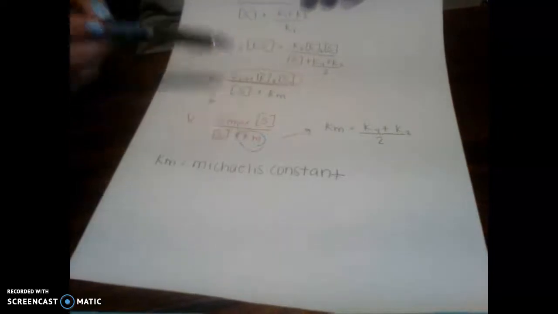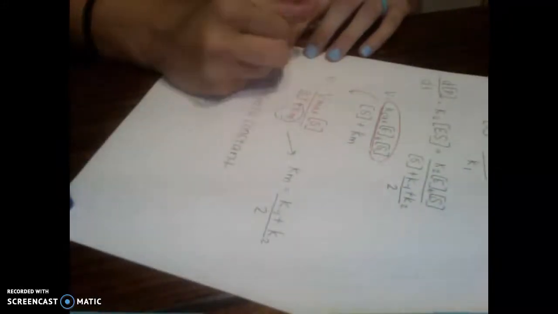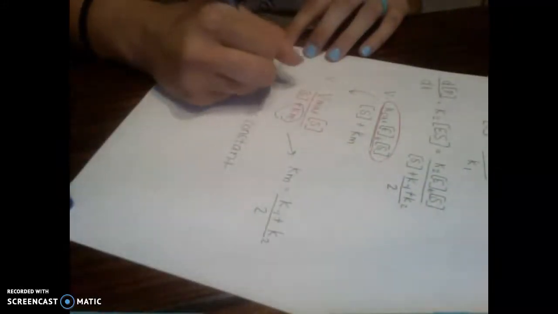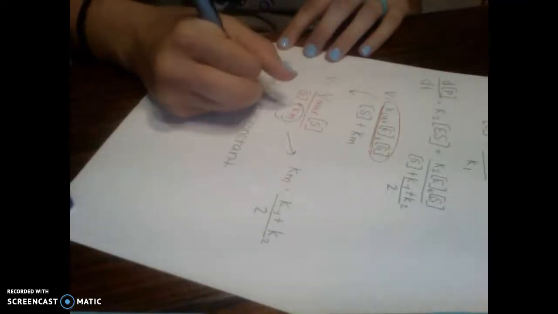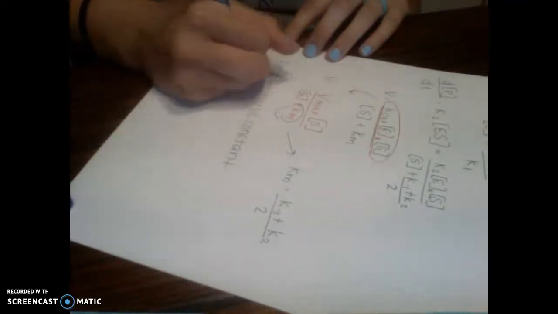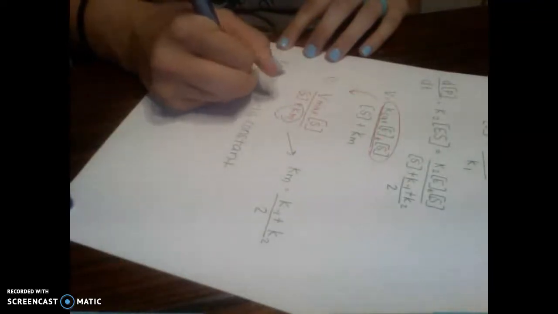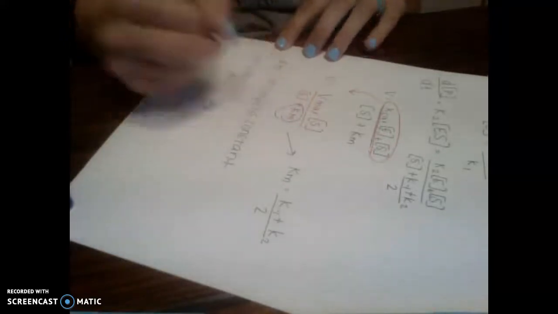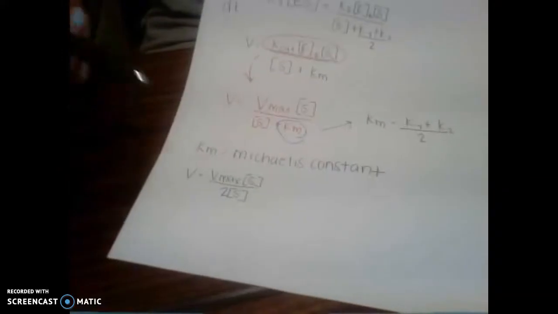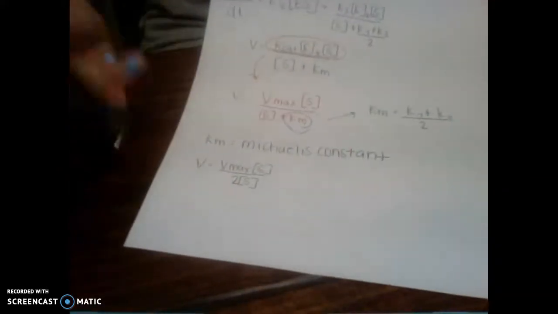Well, what if the concentration of the substrate was equal to Km? So if it were, then Vmax times substrate concentration over 2S, right? Because if it were, it would be S plus S, so it would be 2S.